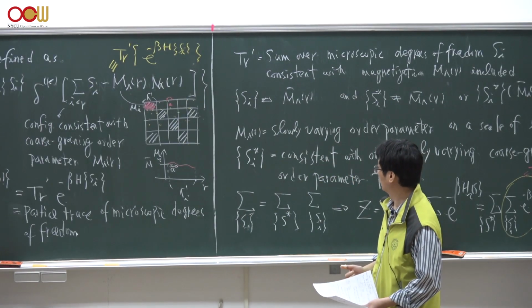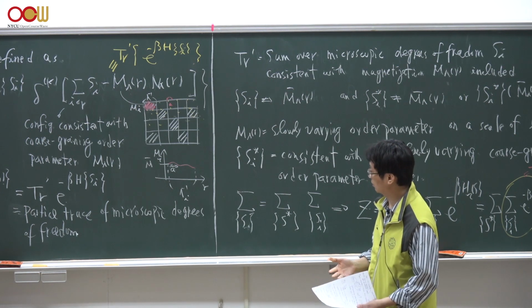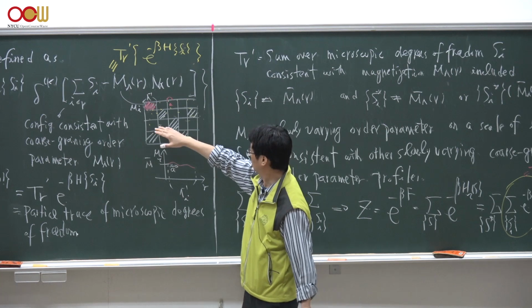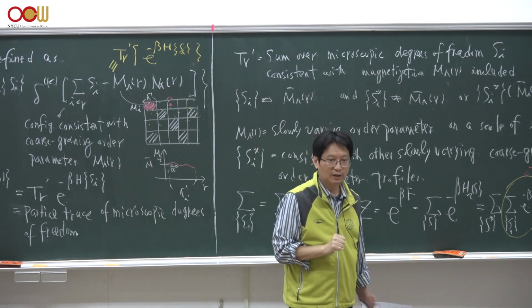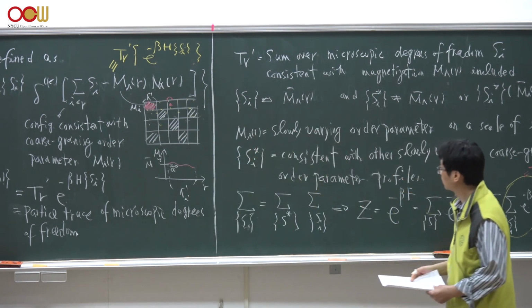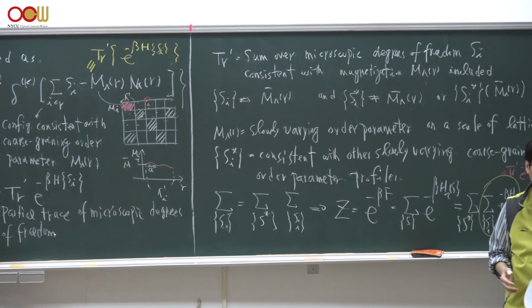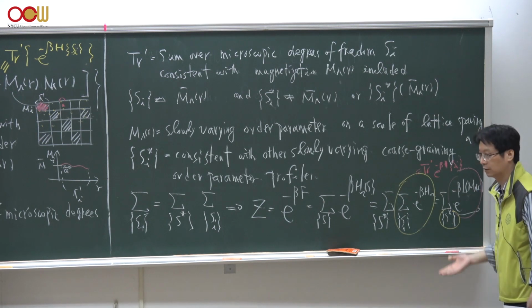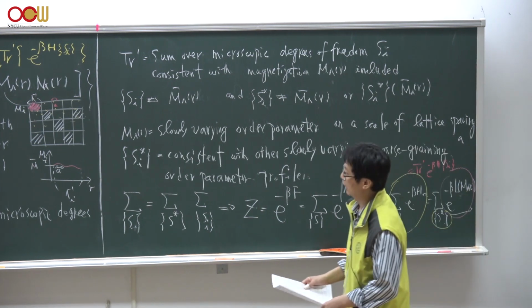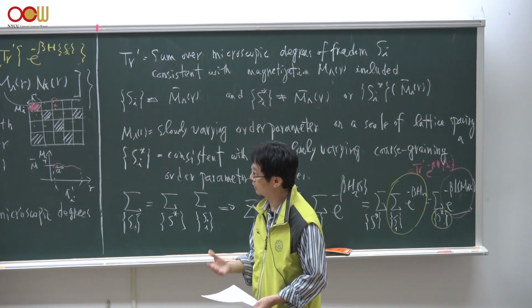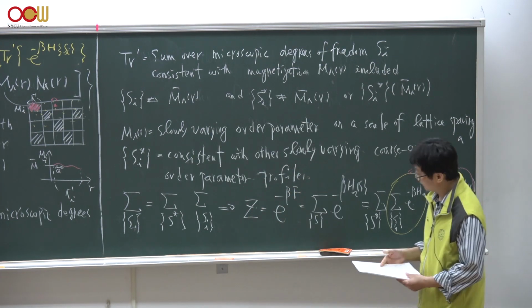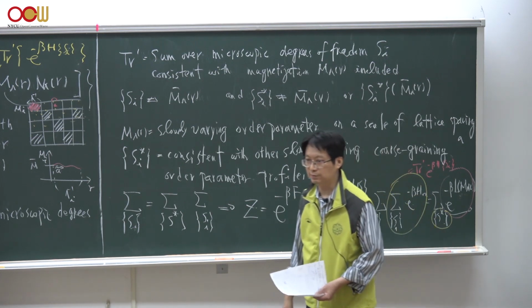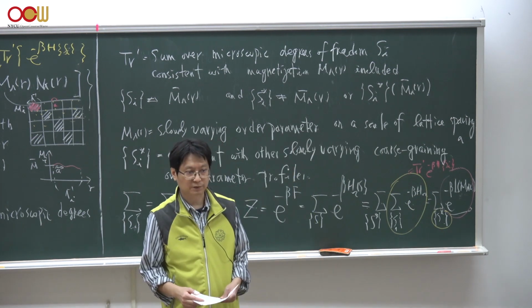So when we sum over the entire microscopic degrees of freedom, we don't have any information at the local scale, okay? But the local fluctuations play a very important role near the transition. So that's the reason why we need to keep this partial trace and define this coarse-grained Landau free energy. But we will explain a little more when we get to fluctuations beyond Landau's mean field theory.